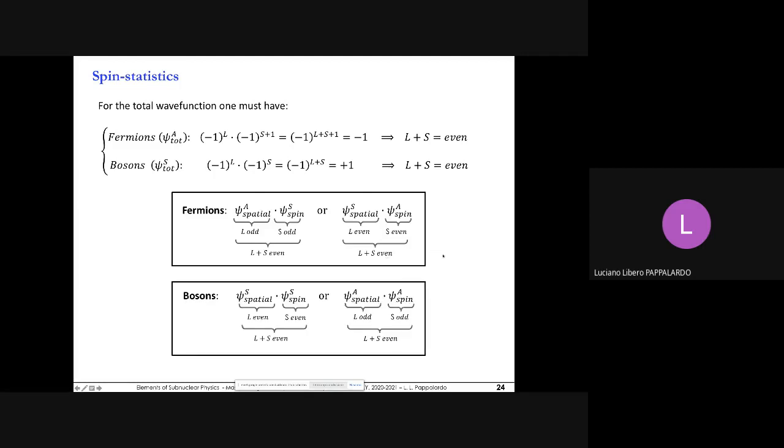And similarly for bosons, in this case, the total wave function must be composed either of a symmetric spatial component times a symmetric spin component, which again corresponds to L plus S even, or of both antisymmetric. Questions?